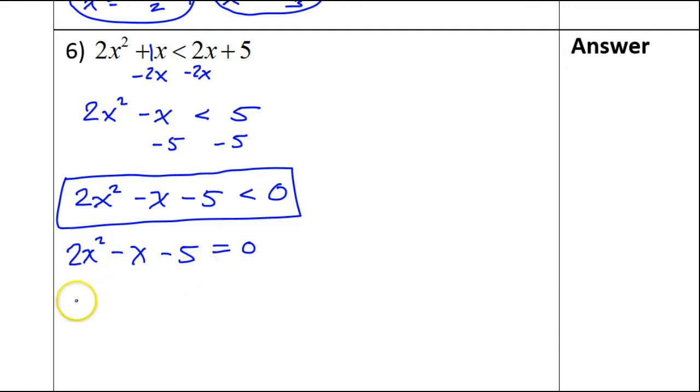So how do I solve this? Maybe it'll be factorable. Considering that this is a quadratic trinomial, if it doesn't factor, I can always use the quadratic formula.